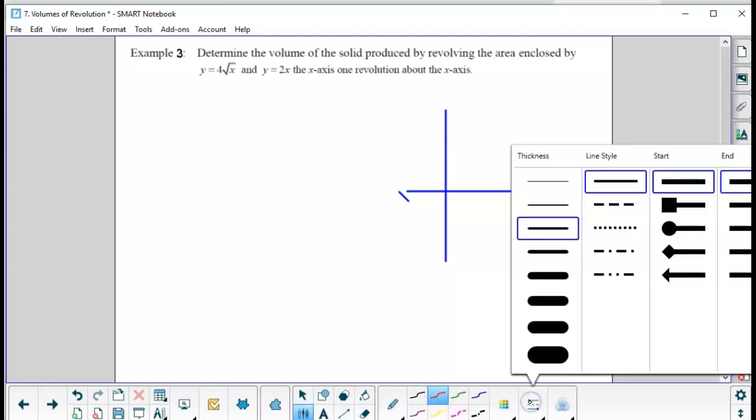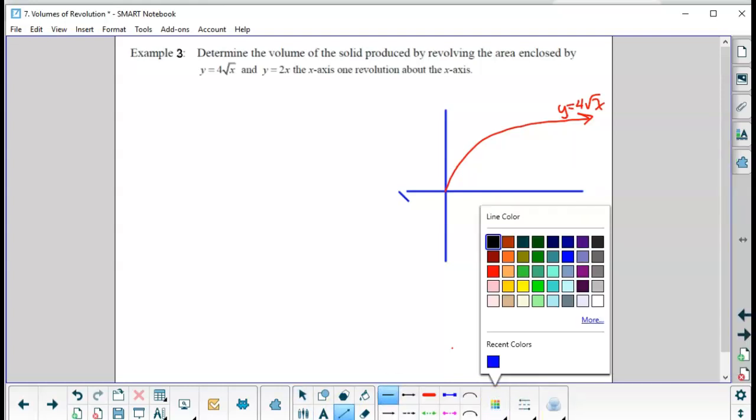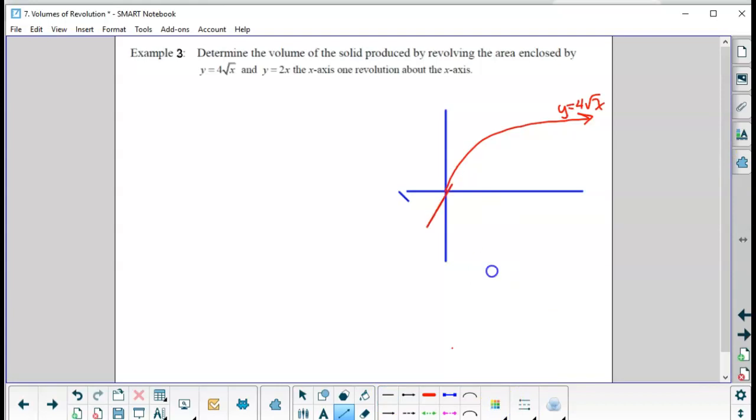I'll use red. So 4 root x, it's going to be something like that. And y equals 2x, so I'll use a line here. Maybe I'm going to rotate it so it's a little bit easier to see.